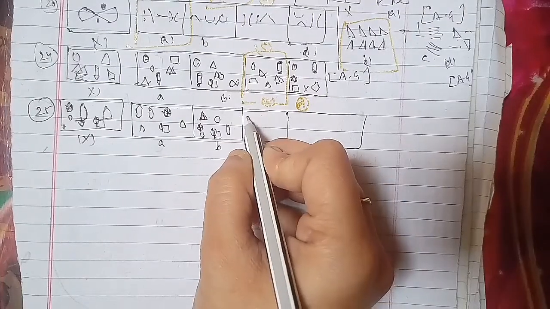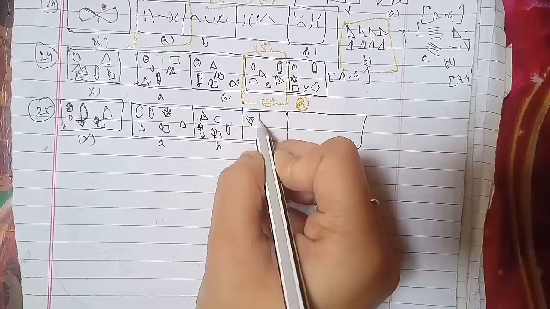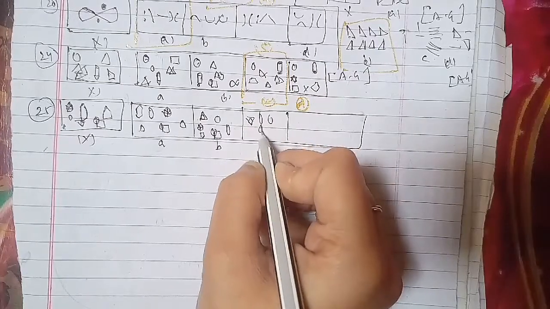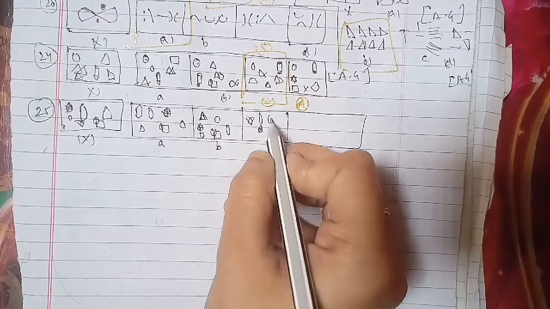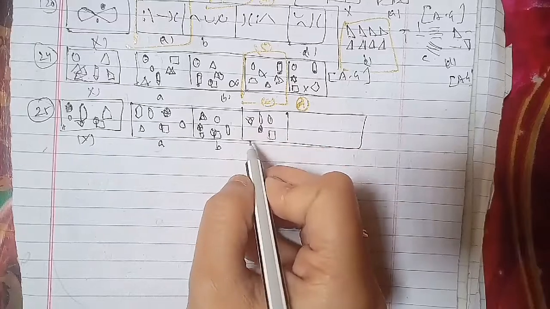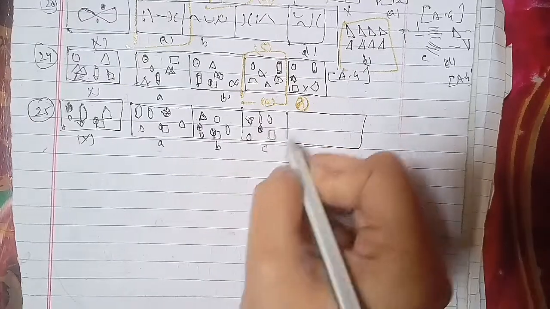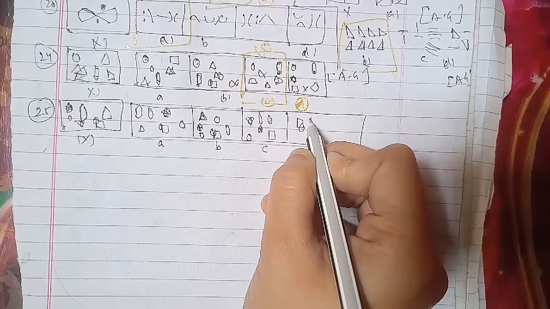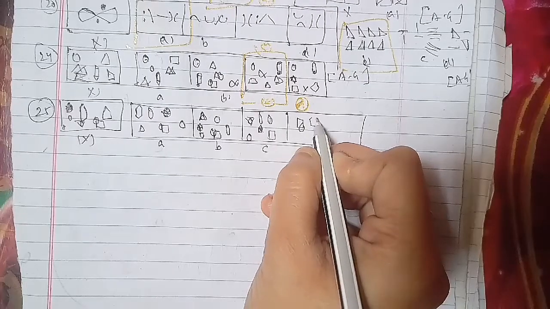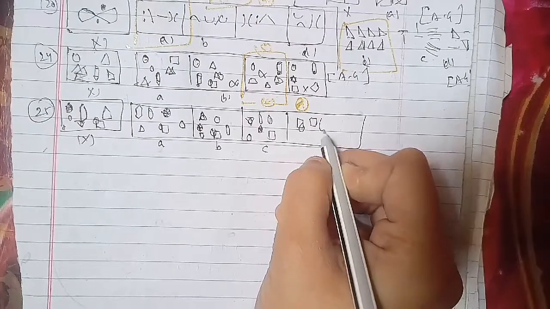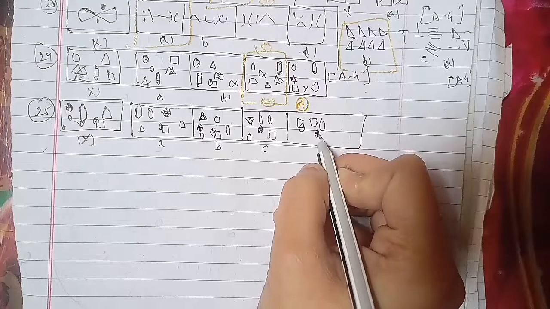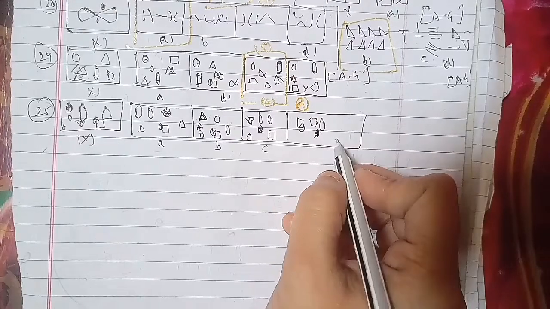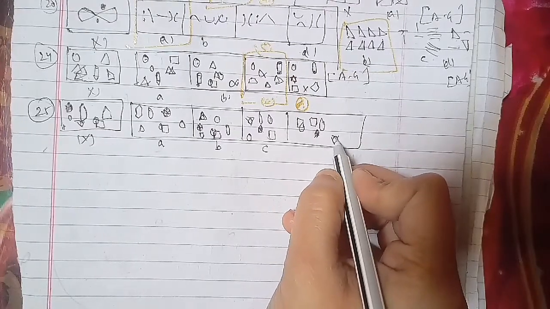For C, it is circle, square. We have a circle as well. This is figure C. For D, it is this for circle.